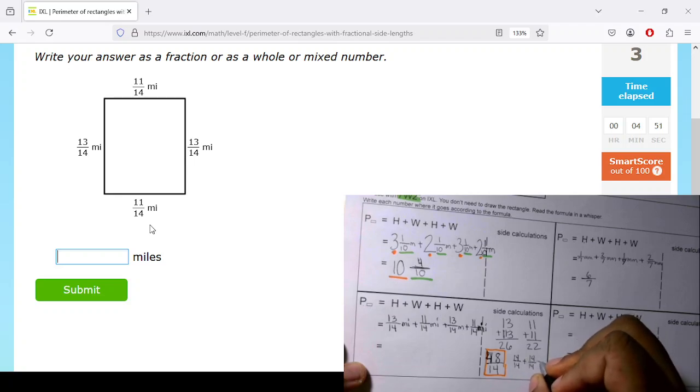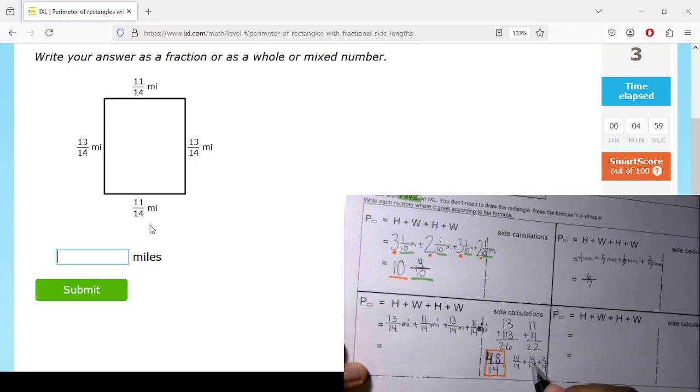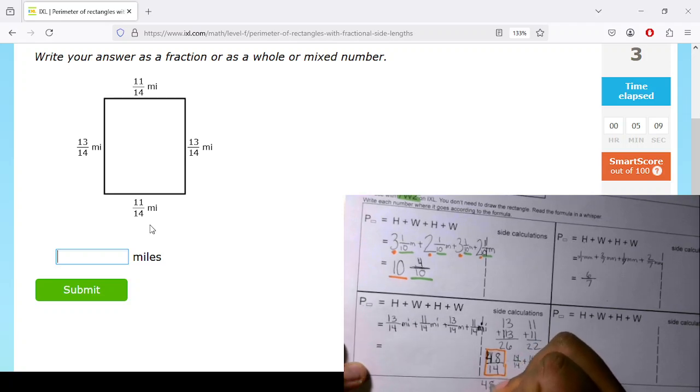So that's 28 fourteenths. 14 fourteenths plus 14, 14, 28. 32. Yeah, that's 32. So 48 fourteenths minus 32 fourteenths.